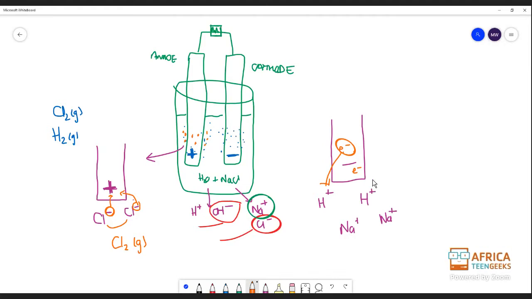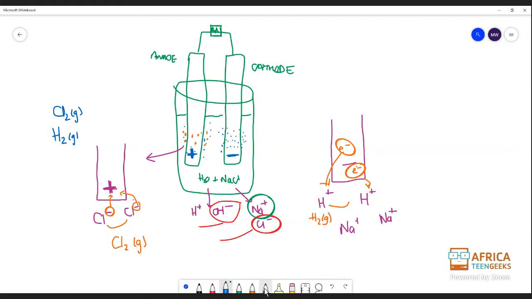When they grab an electron, they are also diatomic, so they can bond together and form hydrogen gas. So let's say the blue dots next to my negative cathode are hydrogen gas.